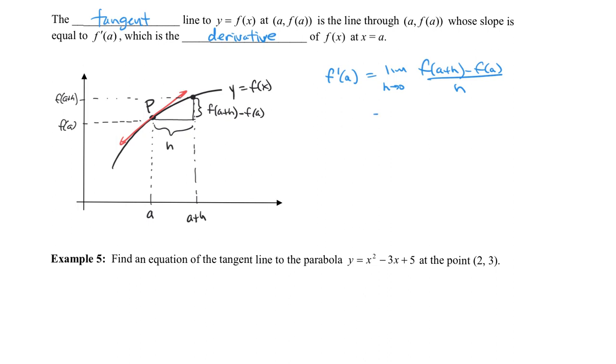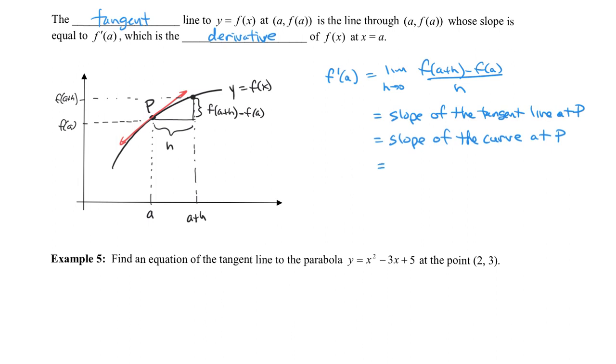We could also say this is equal to the slope of the tangent line at P. We could also say this is equal to the slope of the curve at P, like the slope of the curve y equals f of x at P. So sometimes people mention the slope of the curve, sometimes they talk about the slope of the tangent line, but they're talking about the same thing.